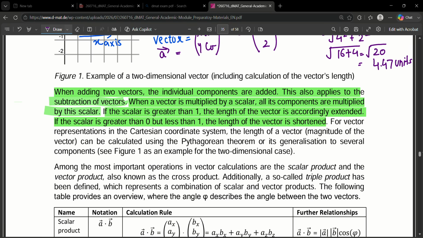What they are talking about is just this. You can represent vectors like this. You can represent a vector like this, it's just your choice, it's up to you.